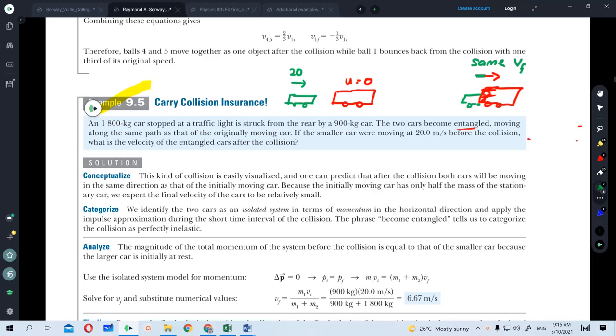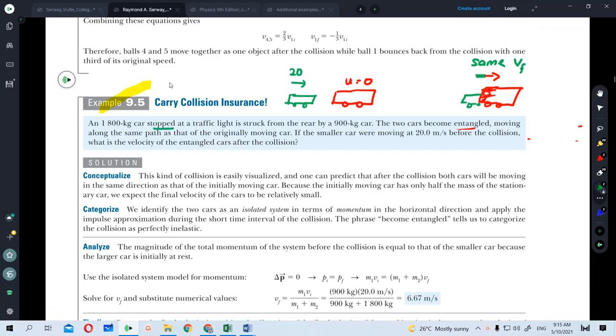Okay, let's now turn to example 9.5. In this example, you find that the scenario would not be asking for force. However, there are interactions between objects, and the objects in this scenario are two cars. So we have an 1,800 kilogram car that stops at the traffic light.